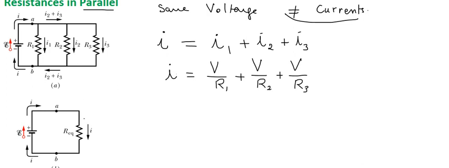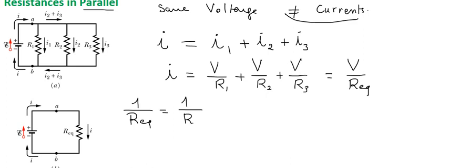Let's look at our equivalent circuit. We have the current and we have the voltage V. The current is just V over R equivalent. So if we cancel out the V, we can deduce that 1 over R equivalent is equal to 1 over R1 plus 1 over R2 plus 1 over R3.